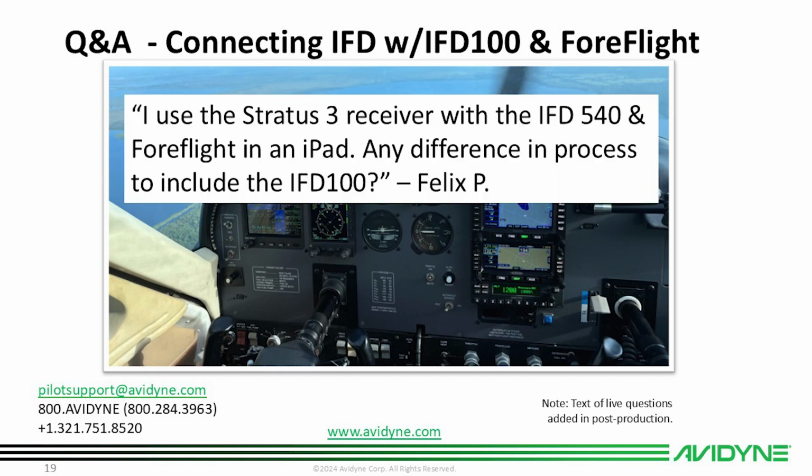I use a Stratus 3 receiver with the 540 and ForeFlight. Any difference in process to include the IFD100? Just like what I mentioned, you'll have to get the Stratus Horizon app and configure it to be open ADS-B. But when you go from IFD100 back to ForeFlight, unless you do split screen, ForeFlight every time is going to ask you, do you want to go into ForeFlight mode?